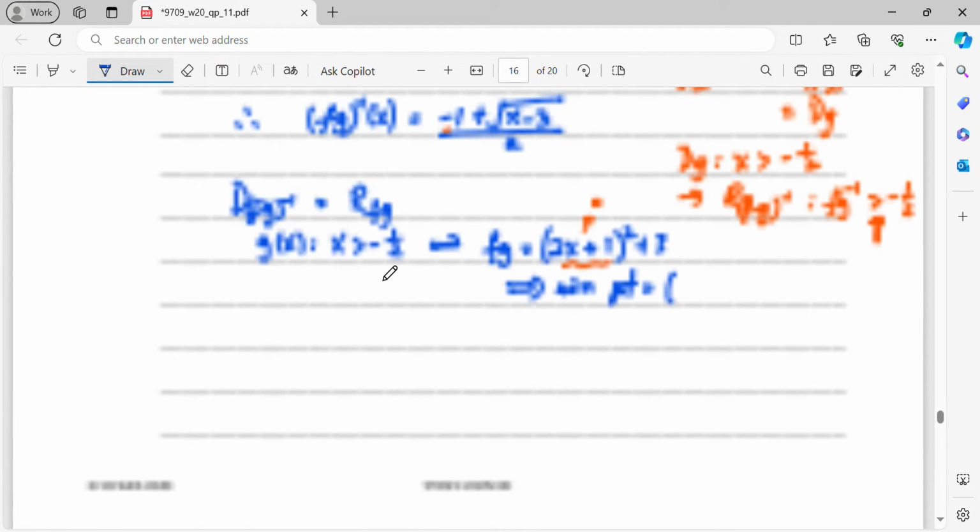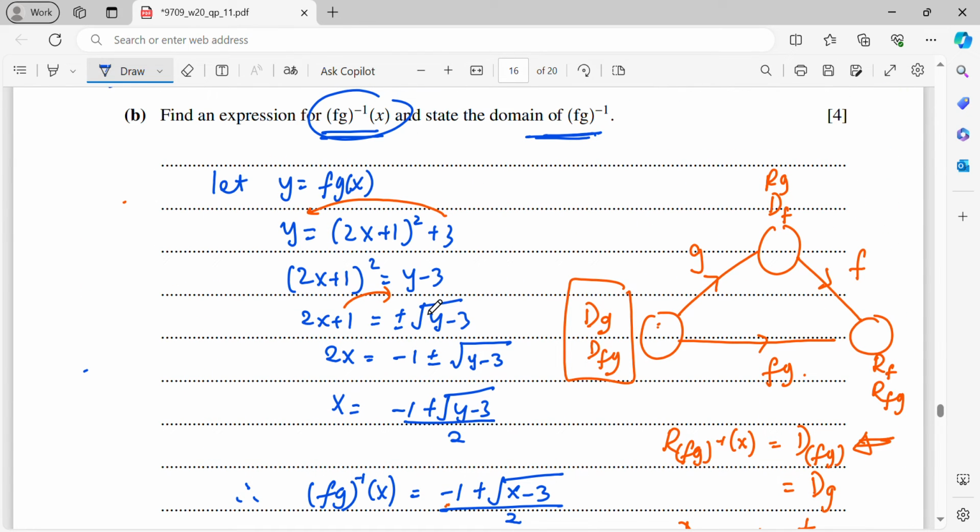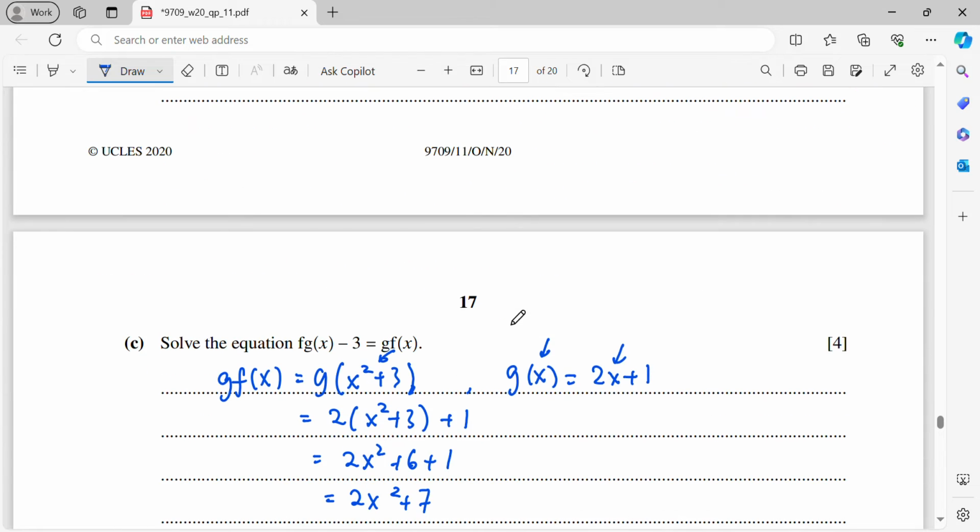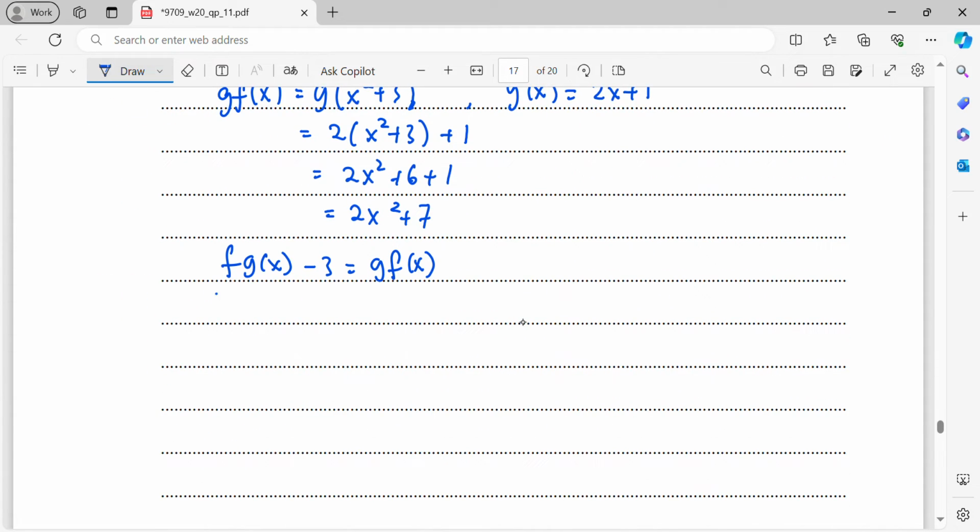So fg just now already found. fg is this quadratic. Just replace. So the 3 and minus 3 will be cancelled off.